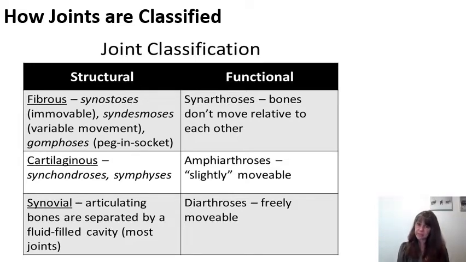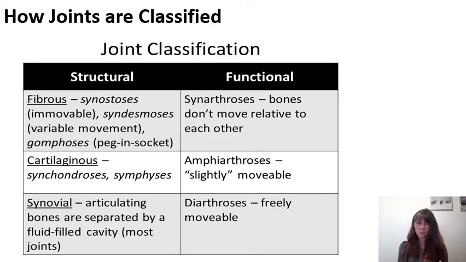Functionally, there is some debate. There are some scientists that say synarthrotic joints truly don't exist because all joints have some motion, even if it's very slight. However, I would like you to understand the terms listed under the functional categories.